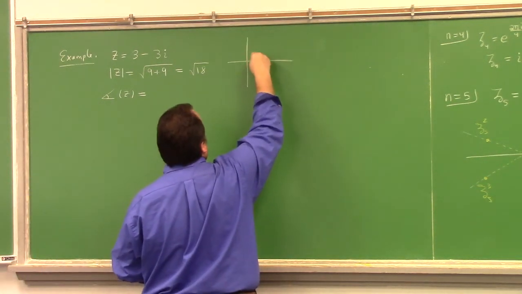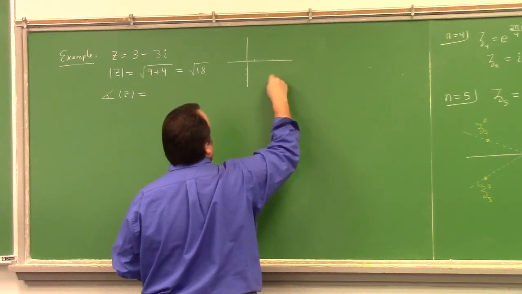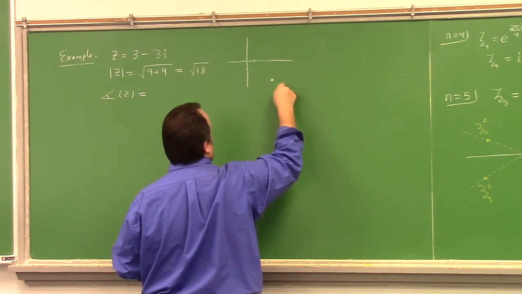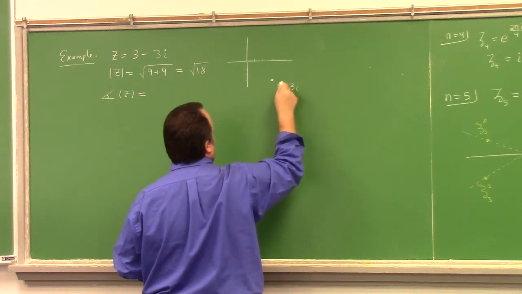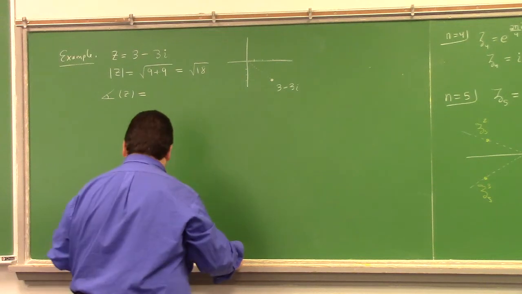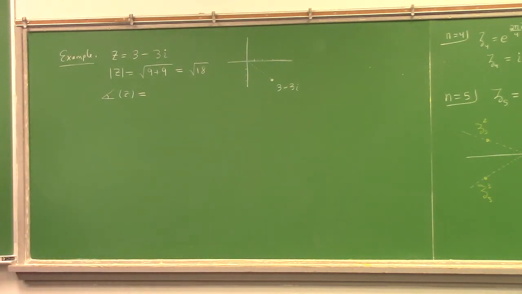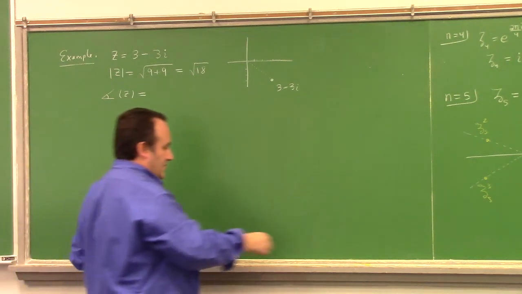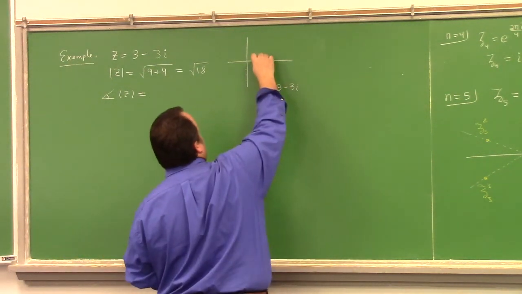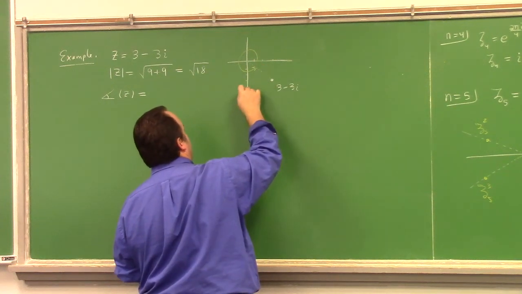We're 3 over, and we're 3 down, aren't we? So what's the standard angle here? You could go all the way around like this, right? Whee! And say it's 315 degrees, I guess.